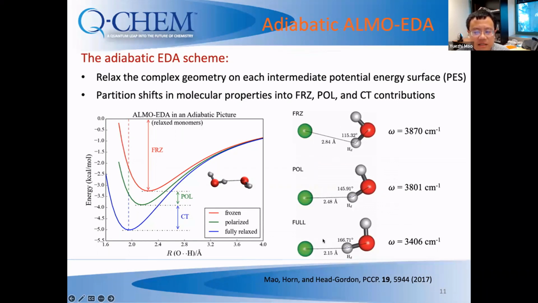And you can see that this is a near linear hydrogen bond structure, as well as this significant red shift in the OH stretch frequency due to charge transfer, because only when charge transfer is engaged, this large change will take place.